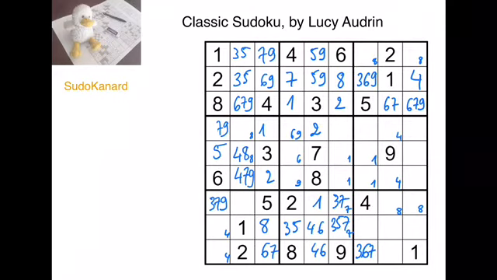Where does 2 go in this column? Not here, not here. It could be here or there. Well, 2 in this row goes here or there. And here or there.